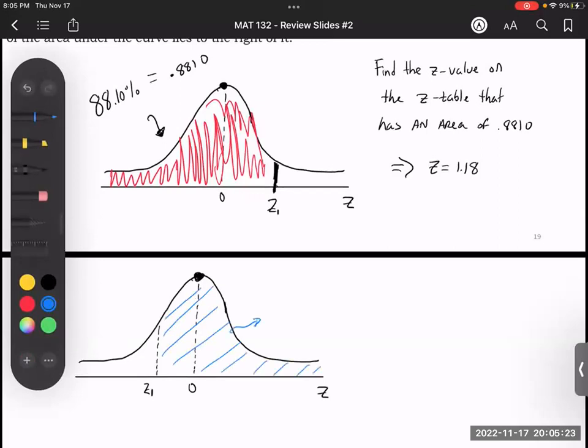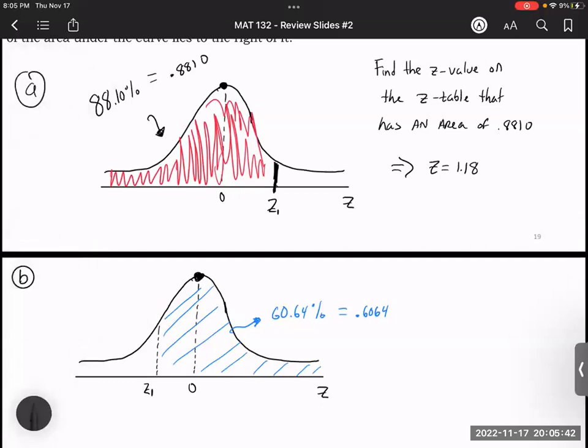So in this shaded region, we have 60.64%, which as a decimal is 0.6064. Now, again, we got to find Z1.